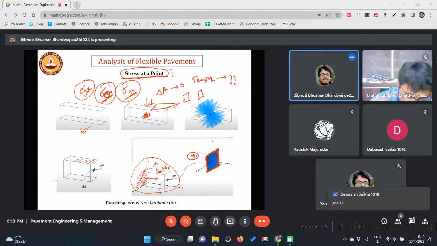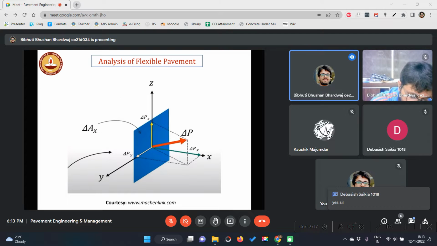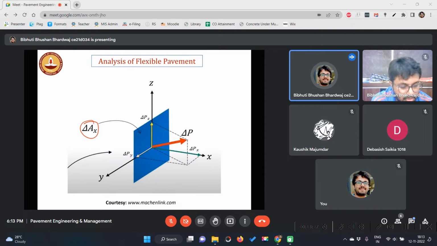Okay, fine. Now we have defined the surface. There can be different surfaces, but let's stick to the first surface, that is the surface on the YZ plane, and we will define its area as delta AX because its normal is aligned in the direction of the x axis.